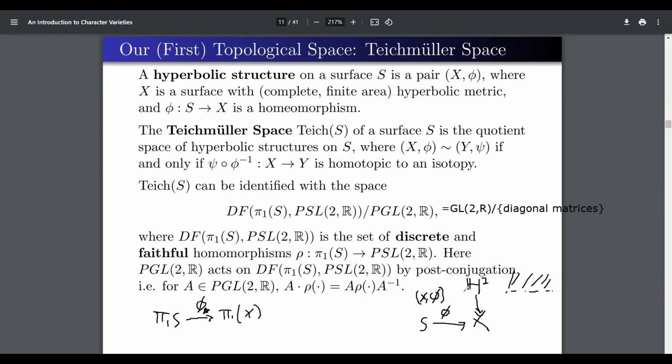And deck transformations for metrics are actually isometries. So this is a subgroup of the isometries on H2. And fun fact, that isometry group is isomorphic to PSL2R. So we've done it. This right here is what we will say rho is.